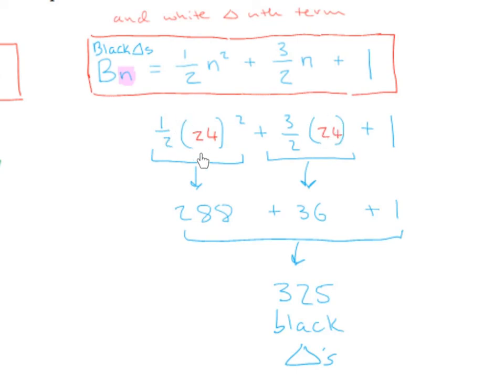So a half times 24 squared is 288. And 3 over 2 times 24 is 36. And adding on 1, 288 plus 36 plus 1 is 325 black triangles. We could have just put this into the calculator altogether, but it is important to see where it comes from. So we get 325 black triangles.